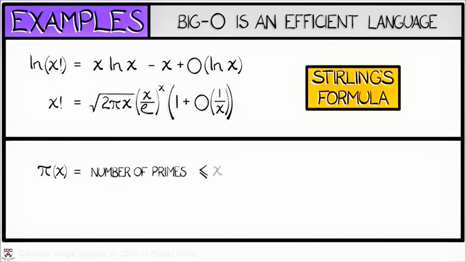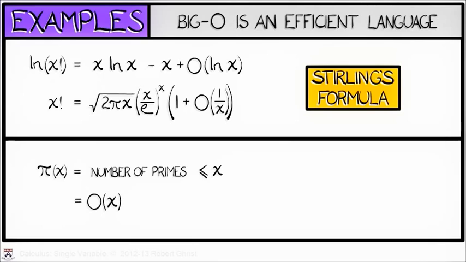Pure mathematics uses big O as well. If we define the function pi of x to be the number of prime numbers less than x. Let's restrict to positive primes, of course, and x is going to be, let's say, integer valued. Doesn't matter.